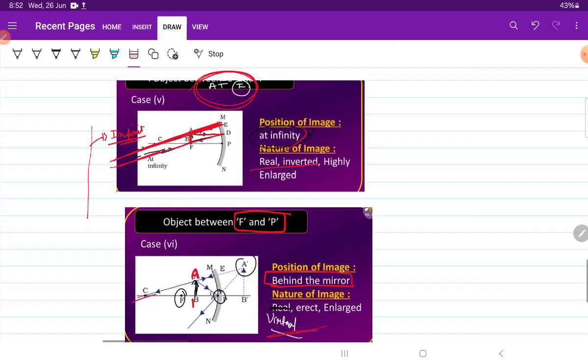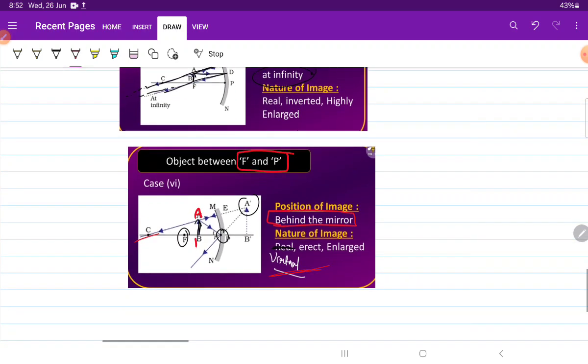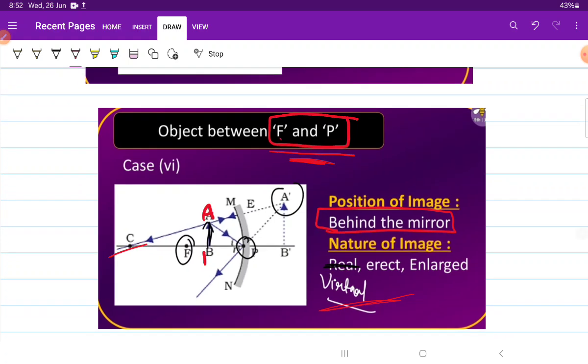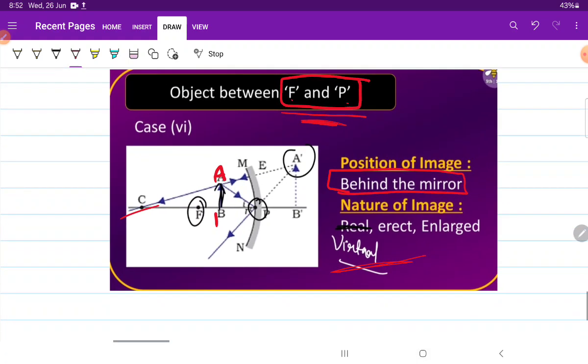Now we have done the fifth case also. Now let's start with the last case, which is an exception. The object is between P and F. F means focus and P means pole. This is the pole and this is the focus.